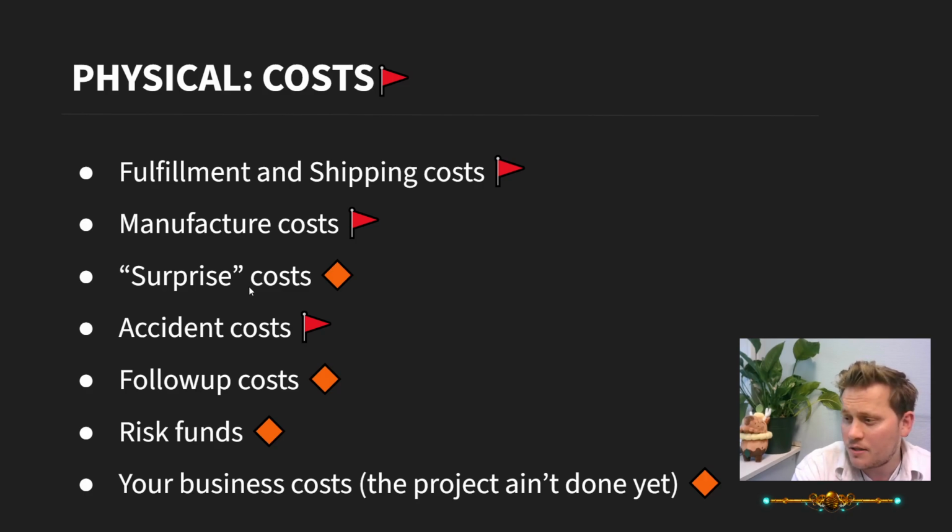Follow-up costs. These are costs that, let's say that you shipped an item to a person, but that address was invalid and returned to the fulfillment house. And now the person says, hey, here's my new address, can you ship this to me?